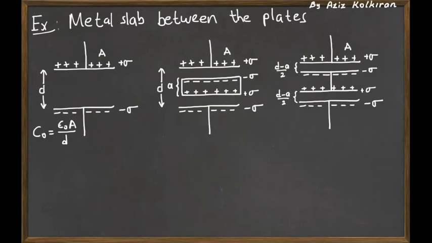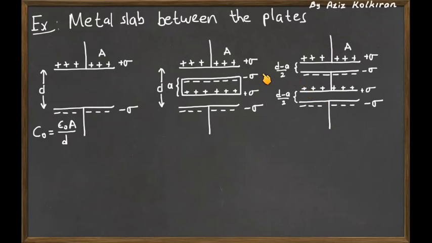What we can do is, since the metal has a thickness A, we can visualize this configuration as having two parallel plate capacitors which are serially connected to each other.